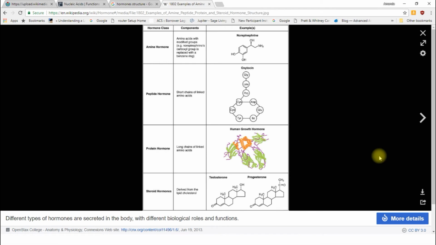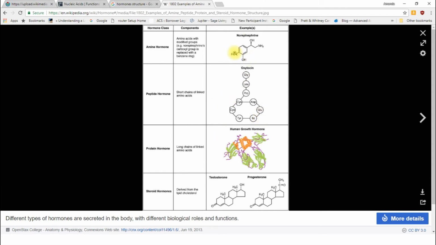A quick look at the Wikipedia page about hormones shows you the steroid ones, a couple of the ones that I just showed you. There's other hormones that are big, gigantic proteins, human growth hormone being one of them. Also, insulin falls into this category, I believe. And then you also have short chains of peptides. So again, amino acids can come together to make hormones.